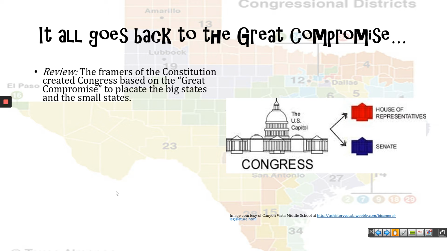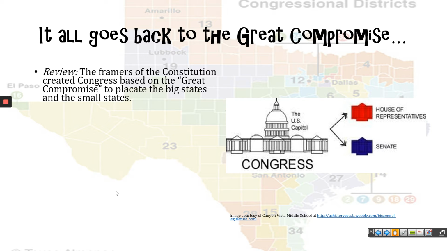Small states, such as New Jersey, argued that each state should have equal representation in Congress. That's how it was under the Articles of Confederation, and the small states wanted to keep it that way under the Constitution. But the larger states, mainly being led by Virginia, said, no, that's not fair. Virginia has more people than any other state at the time. Virginia should have more power in Congress.